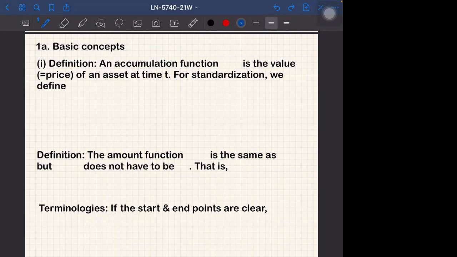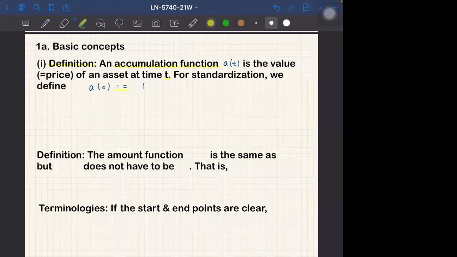Okay, so first definition, an accumulation function. The accumulation function, denoted by a(t), is the value of an asset at time t. For standardization purposes, we define a(0) is equal to 1.